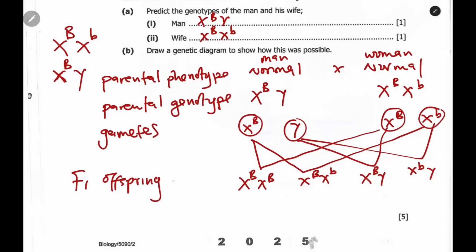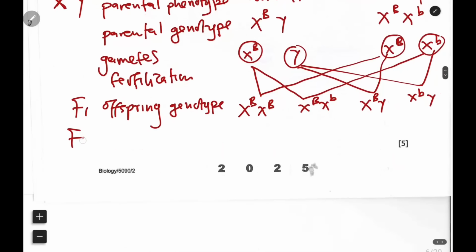This is the F1 offspring genotype, and fertilization is taking place here. Then we have the F1 offspring phenotype.